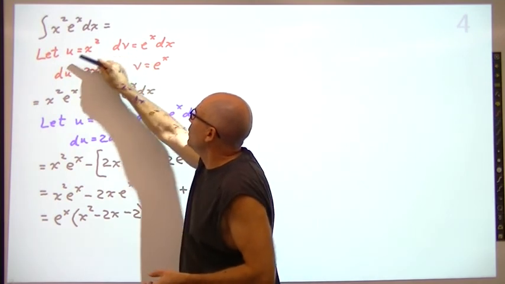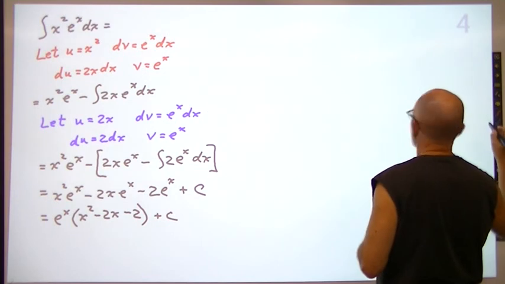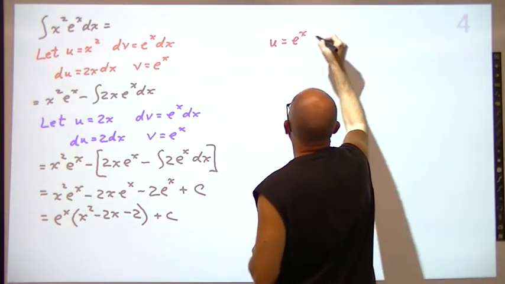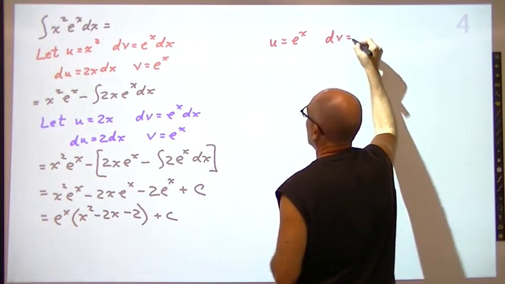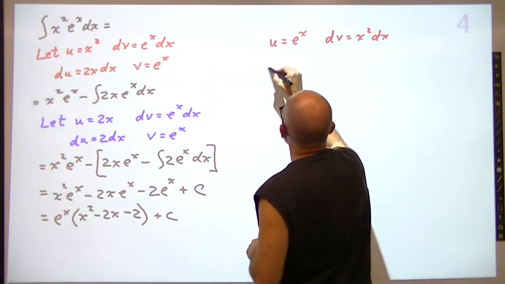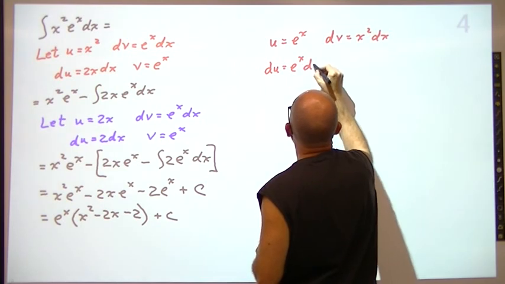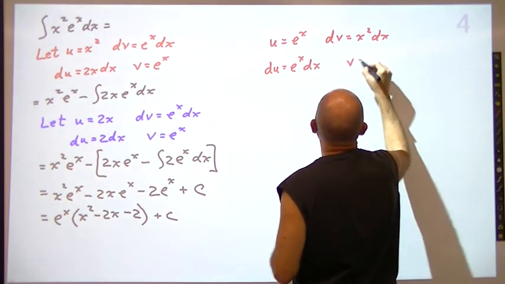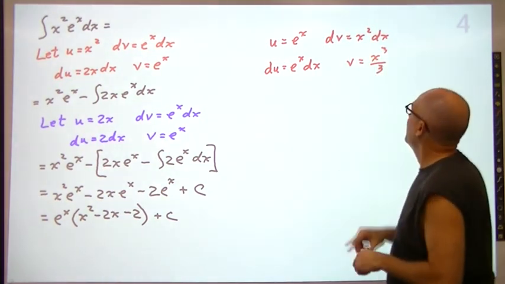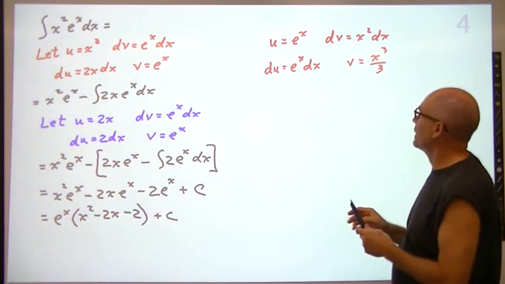So notice if u equaled e to the x, let's just go over here and do that. All right, now, du, the derivative of u, is e to the x. Now, v ends up being x cubed over 3. Notice that makes it more complicated instead of less complicated.